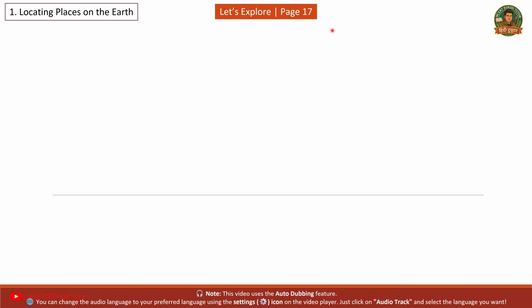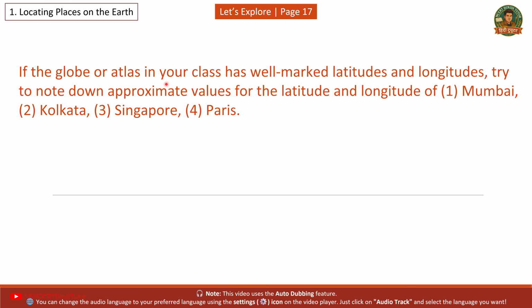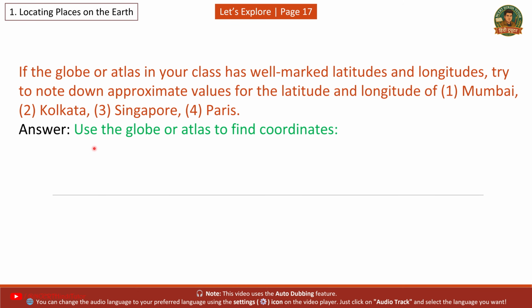Let's explore page 17. If the globe or atlas in your class has well marked latitudes and longitudes, try to note down approximate values for the latitude and longitude of first Mumbai, second Kolkata, third Singapore, fourth Paris. Answer: Use the globe or atlas to find coordinates. Here are approximate values.